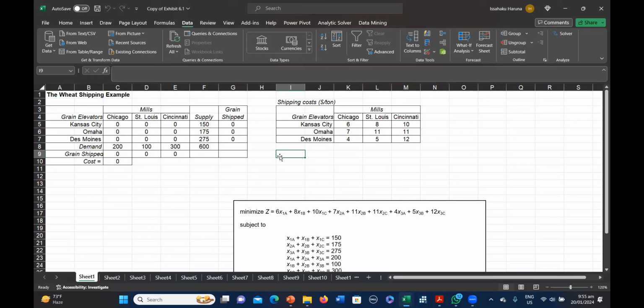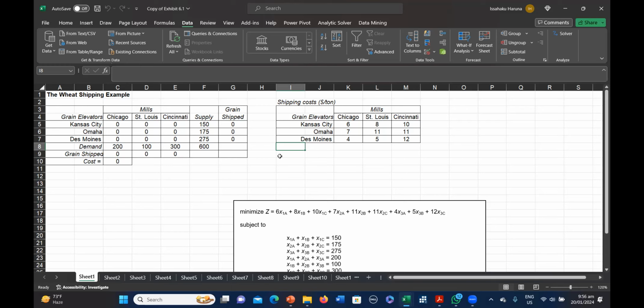If you go back to the question, you will see that we have several of them. X1A, X1B are the decision variables we are looking for.